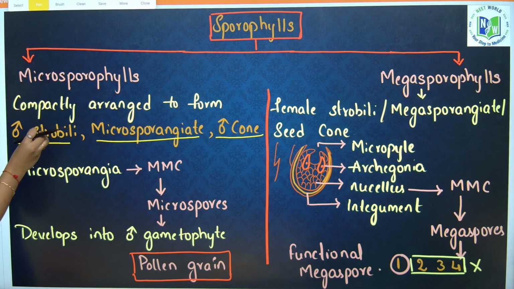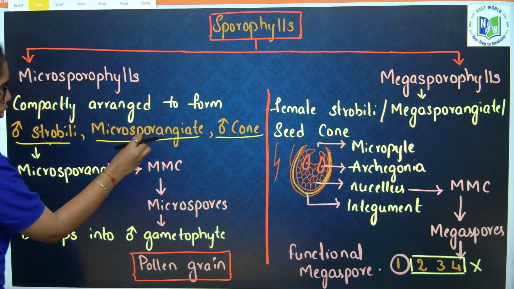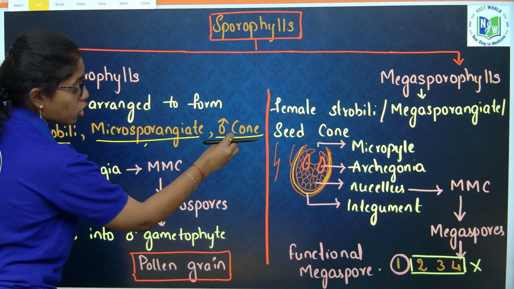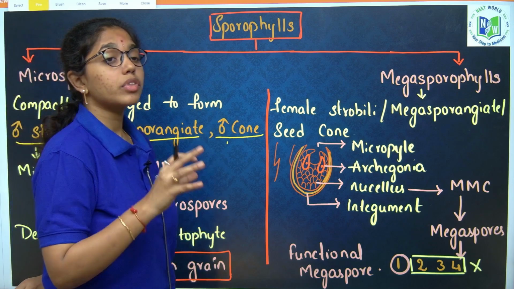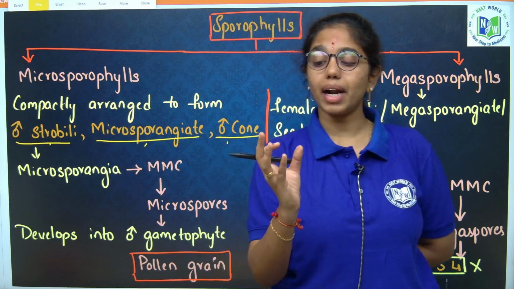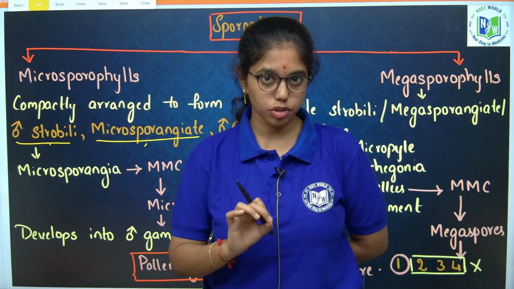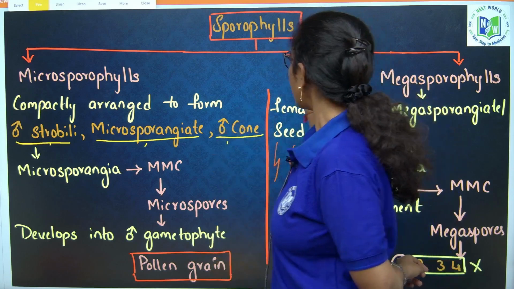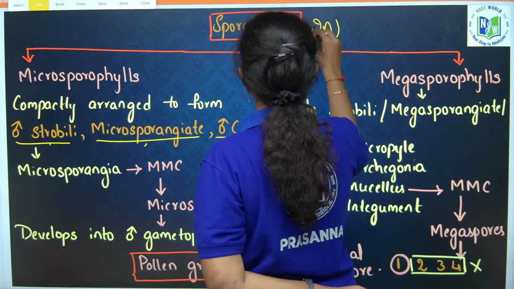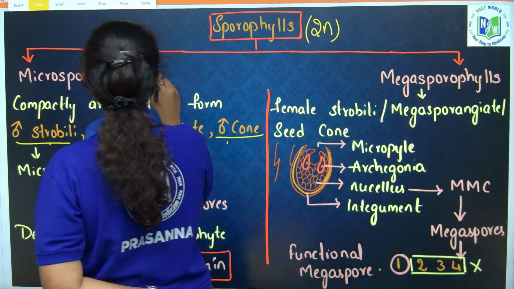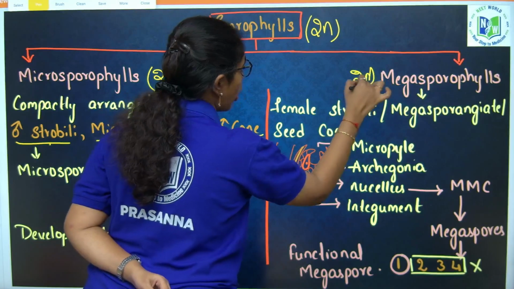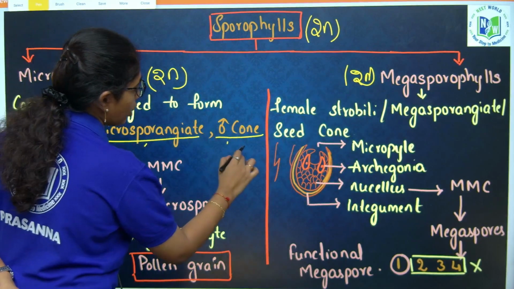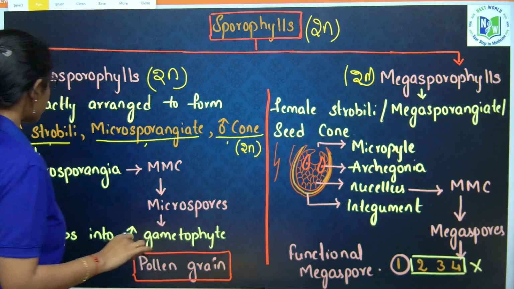They contain what? Male strobili, which is also called microsporangiate, also called male cone. And if you look into the ploidy, the sporophyte of gymnosperm contains root, stem and leaves. So all the sporophylls are diploid. Microsporophylls are diploid. Megasporophylls are also diploid. All the male and female cones are diploid.